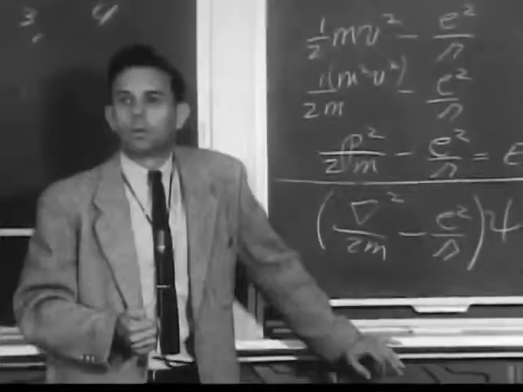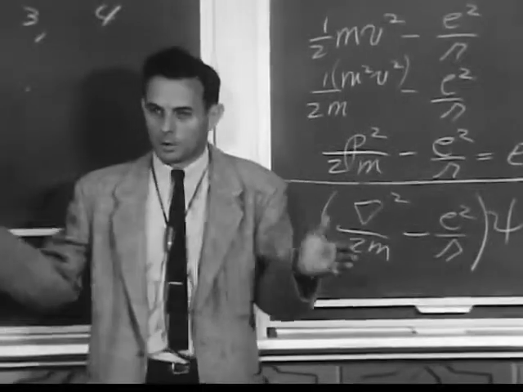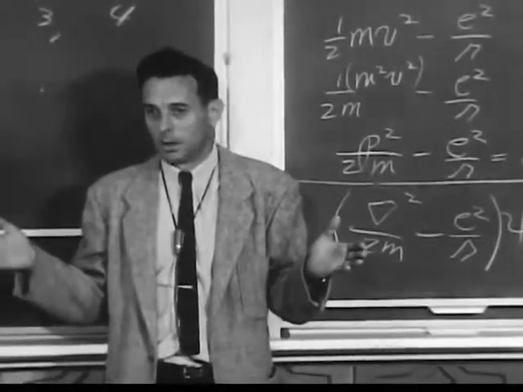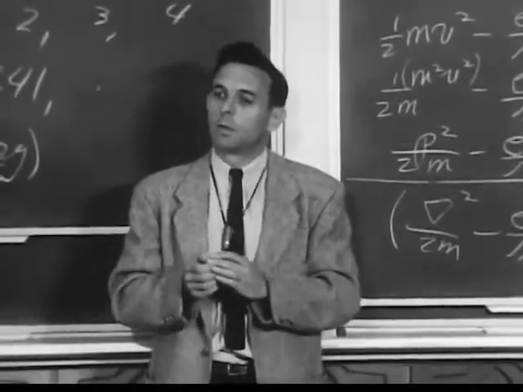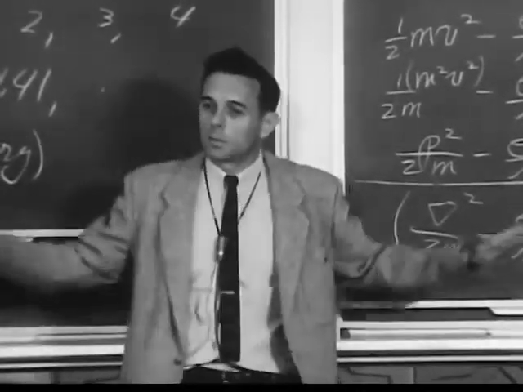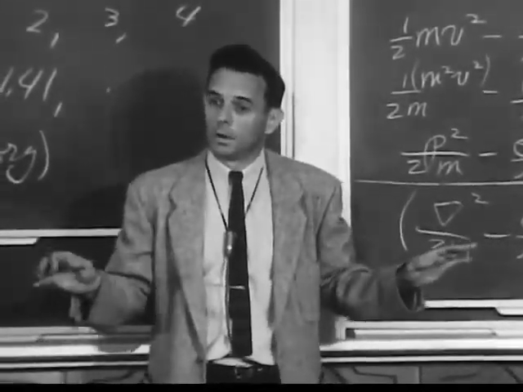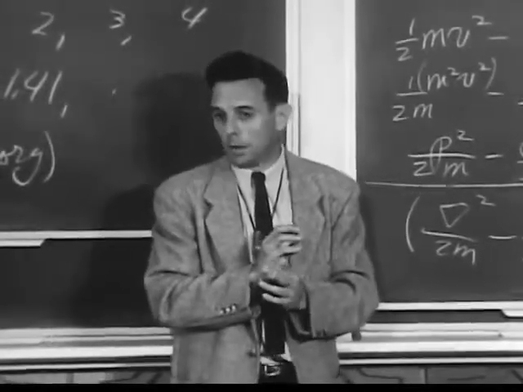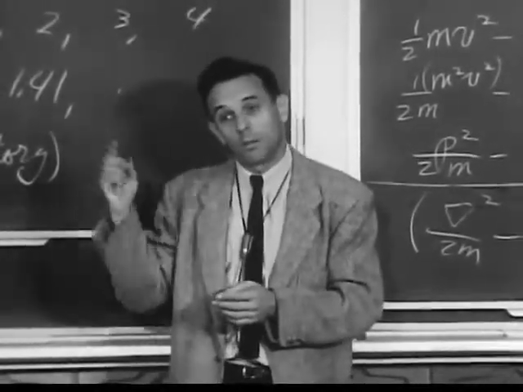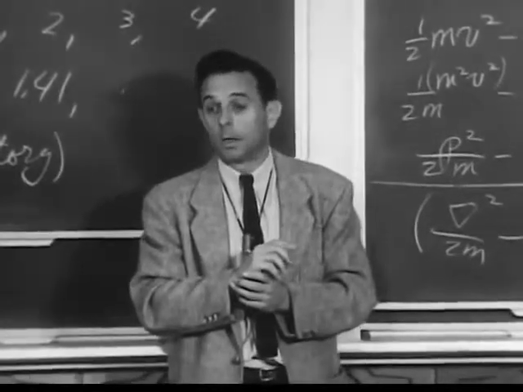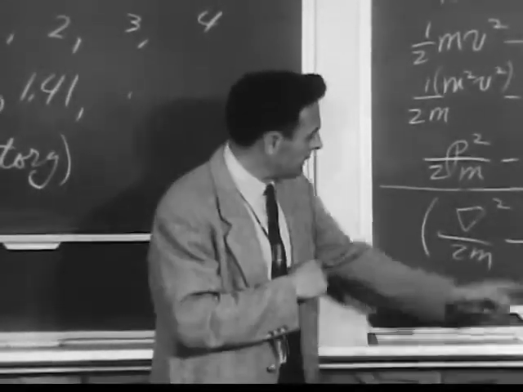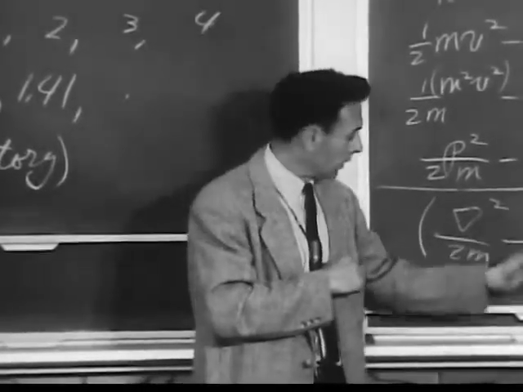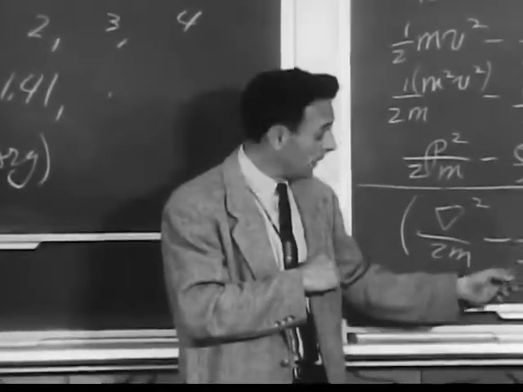In particular, the word cloud suggests dispersed over space. And in terms of the analogy of the hummingbird, it would correspond to squashing the hummingbird and spreading him all over the field. And of course, that isn't the meaning of that plot of his positions, and that isn't the meaning of the probability plot. It's a probability cloud, not a charge cloud. You see, the charge is at any instant, according to this potential energy term, at a position, not dispersed in space.